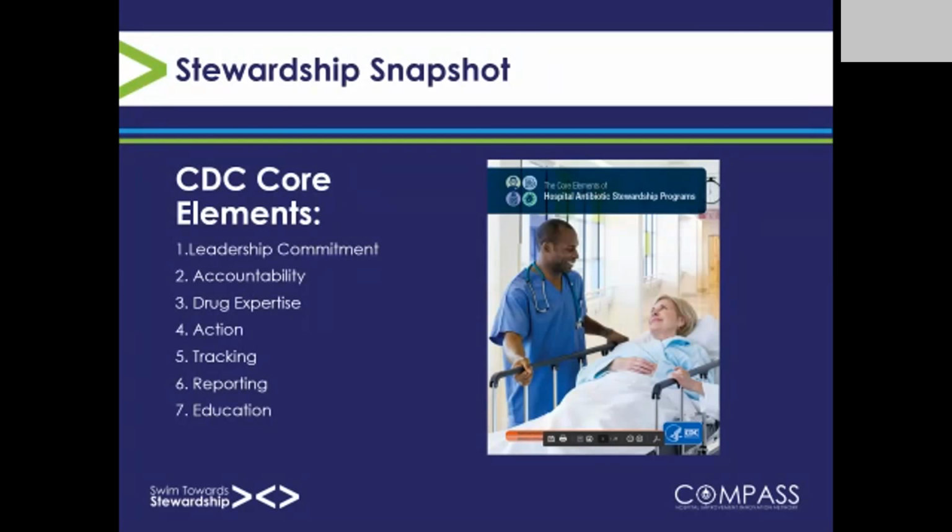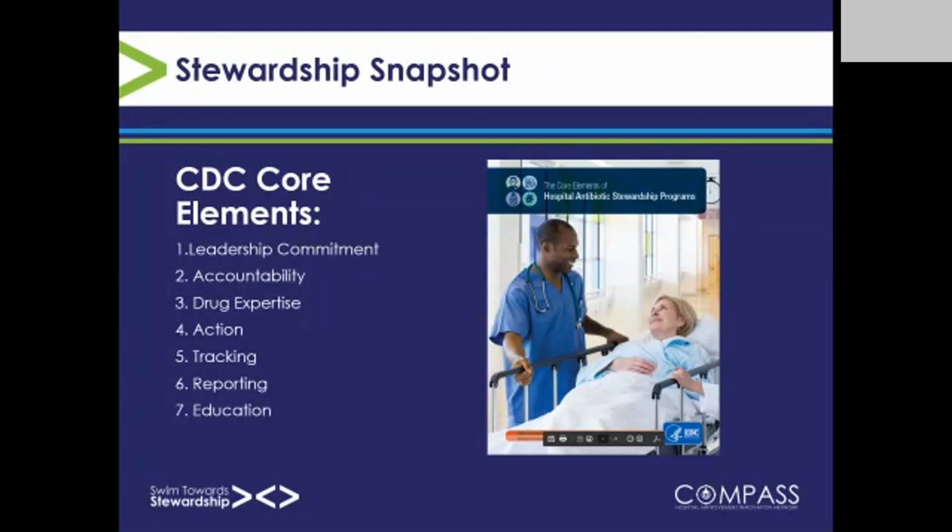Fourth is action, implementing at least one recommended action, such as a systematic evaluation of ongoing treatment needed after a set period of initial treatment, like an antibiotic timeout. These really are like your day-to-day interventions. Tracking is monitoring antibiotic prescribing and resistance patterns.